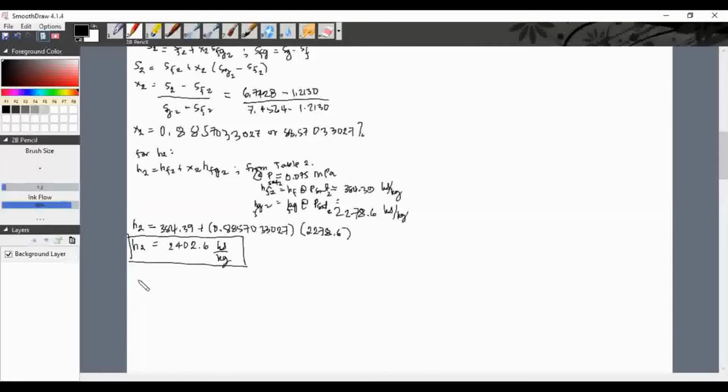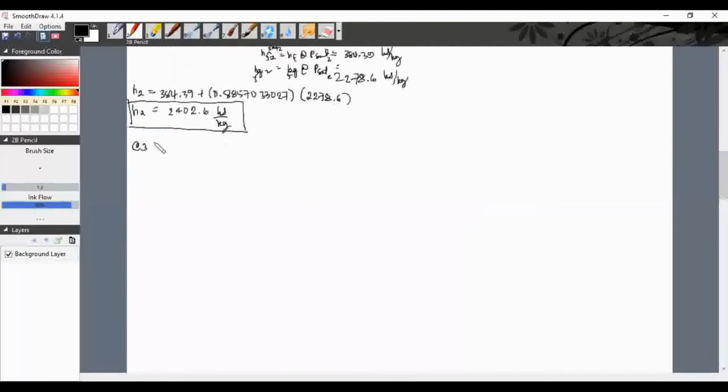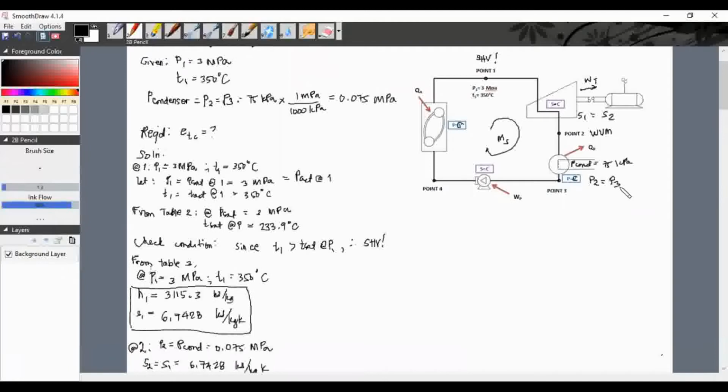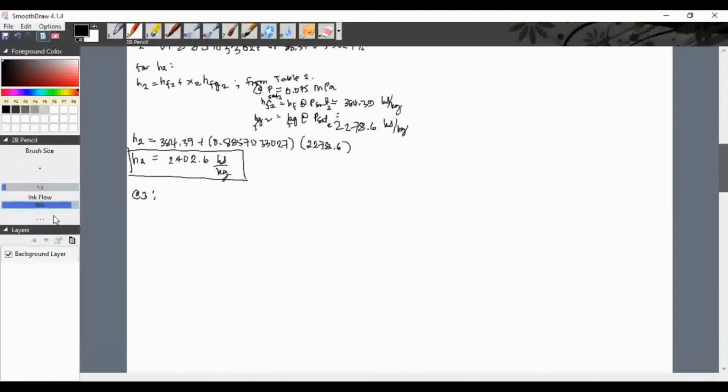Next, at point 3, no? So at point 3, kailangan natin, ano makukuha natin value? Ito, no? From the given. Kasi P2 is equal to P3. So we have P3, which is equal to P2, 0.075 megapascals.